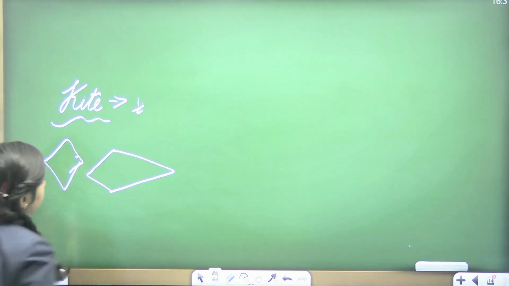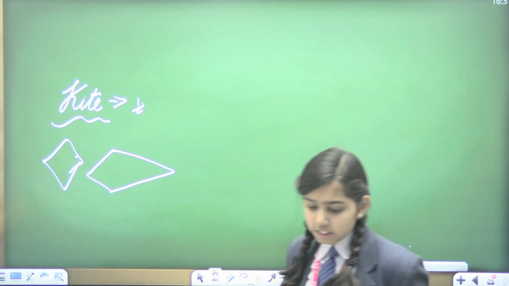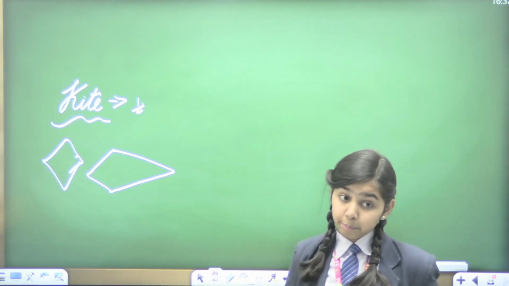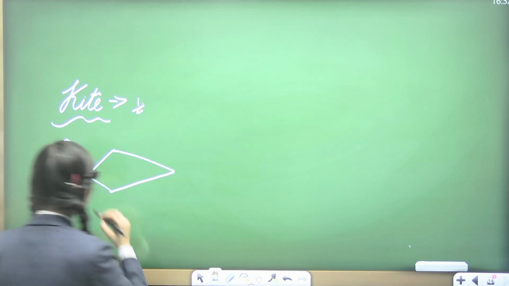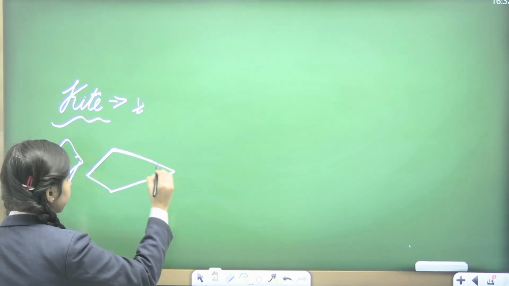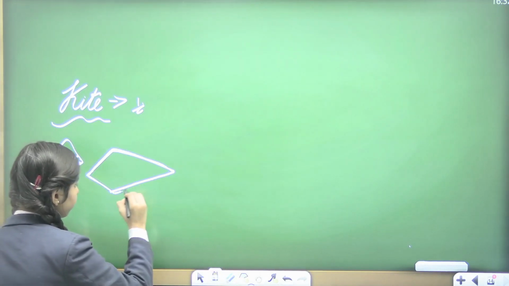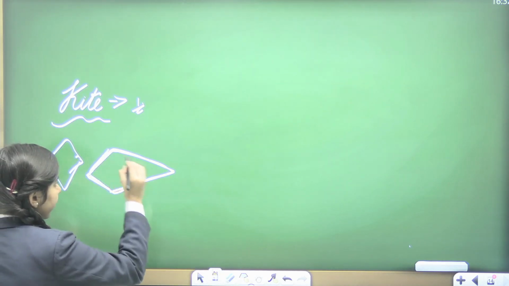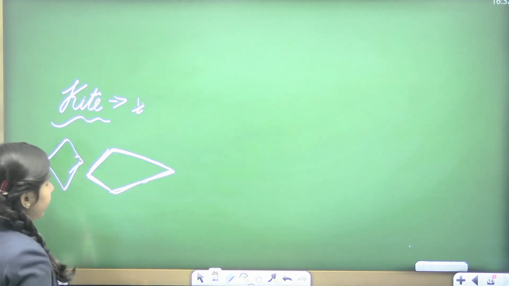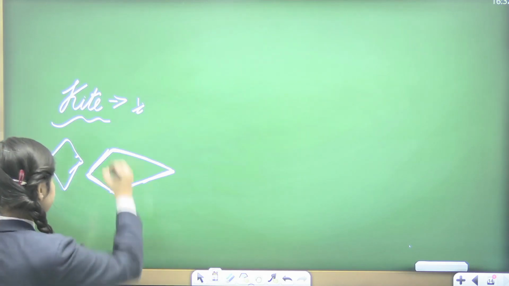So the first point is that the pair of adjacent sides are equal. Adjacent sides are like these two, and these two. This is a pair and these are adjacent.